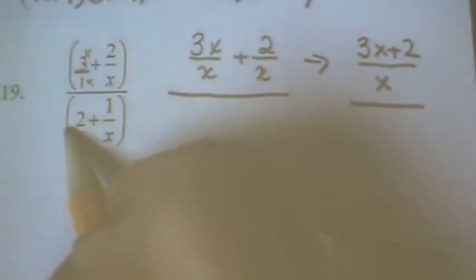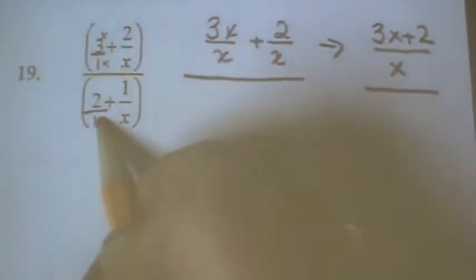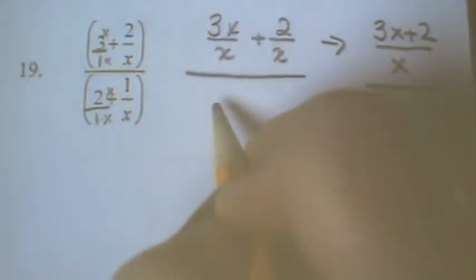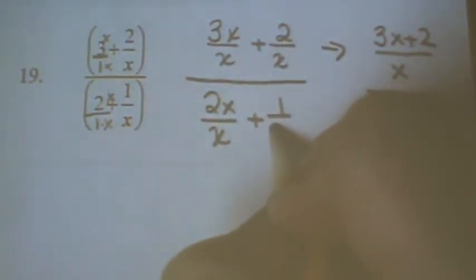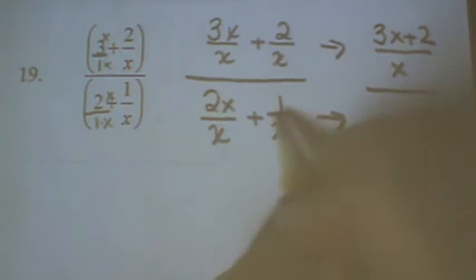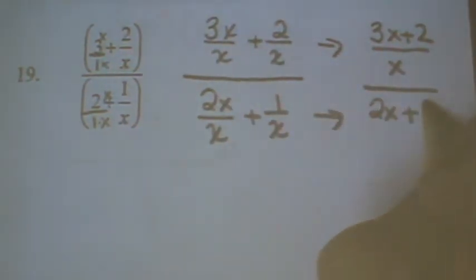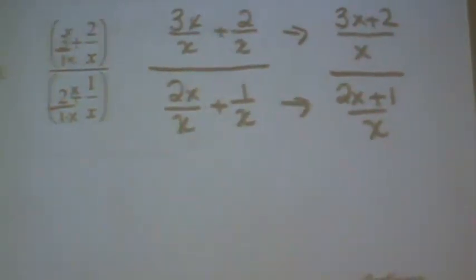That's that fraction. Now let's look at this one. You're going to multiply this by x and this by x, so you have 2x over x plus 1 over x, which is 2x plus 1 over x.